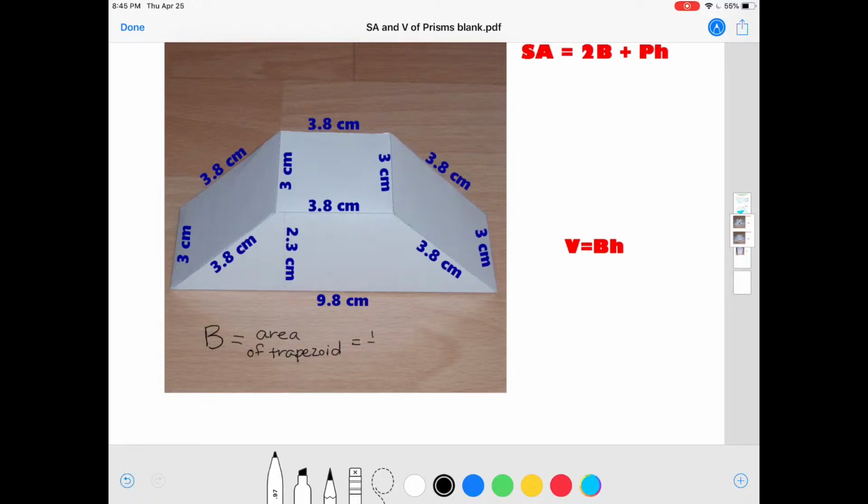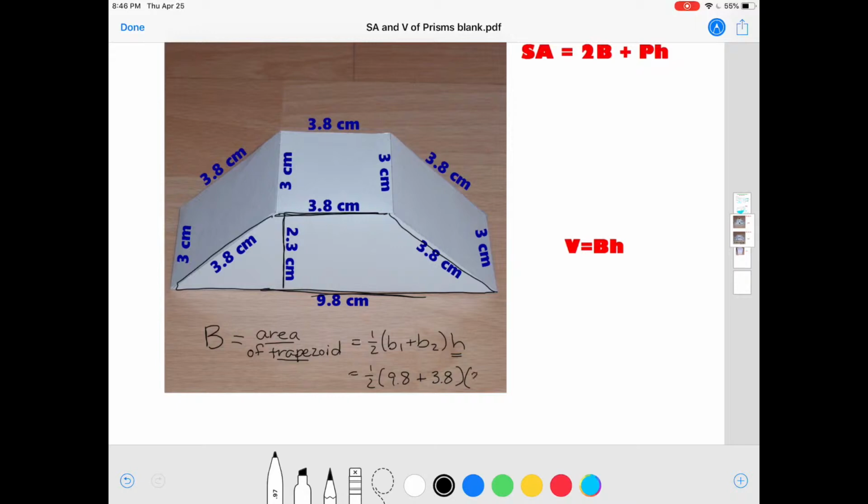The reason that's so important is because we have this whole formula that we have to go through. So now you see why I was so set on reviewing those formulas. So let's take a look at one of those trapezoids and let's calculate the area of that base shape. What do we have? We have 1/2 times (9.8 plus 3.8) times, now this h is the height of the trapezoid, obviously, because we're finding the area of the trapezoid. And the height of the trapezoid is also the distance between its base sides, right?